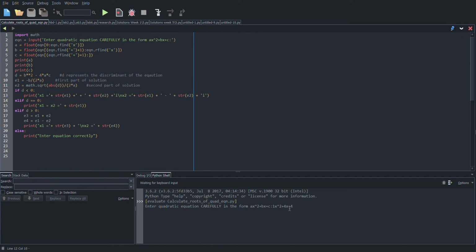And 2 plus 2 is still 4. So this will give us equal roots. So you see, Python says this is A, this is B, this is C, and then x1 is equal to x2, which is equal to -2. So that's it basically.